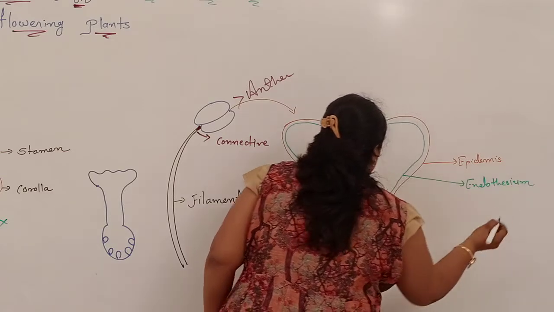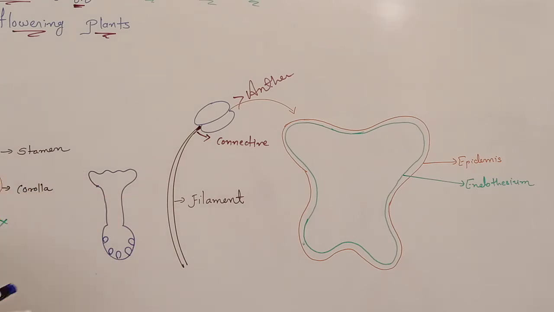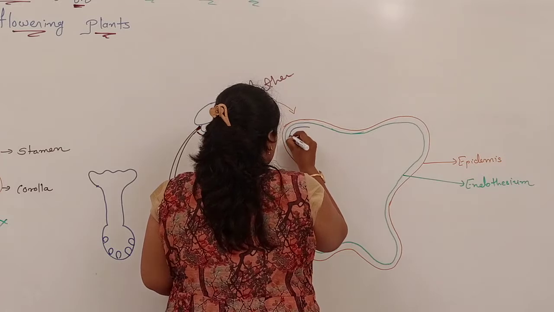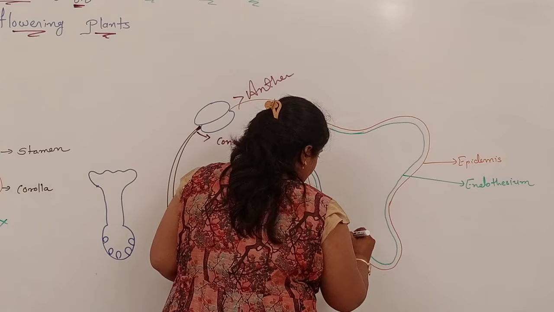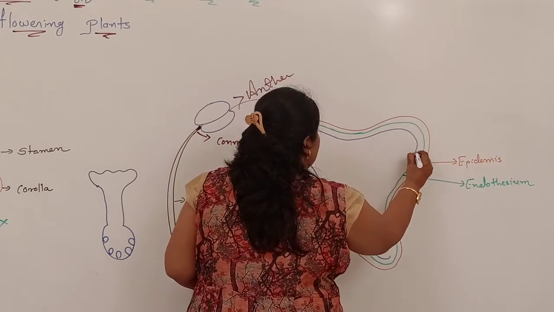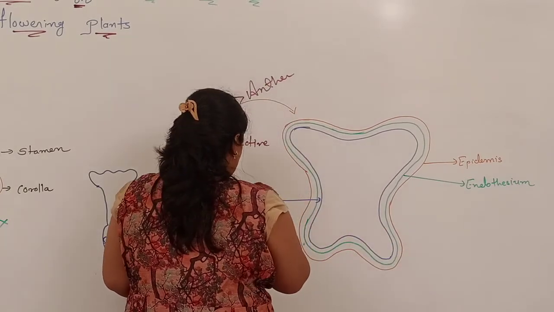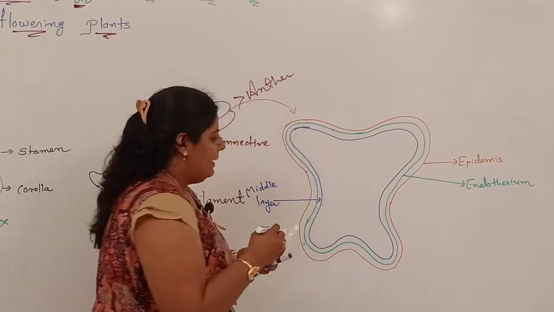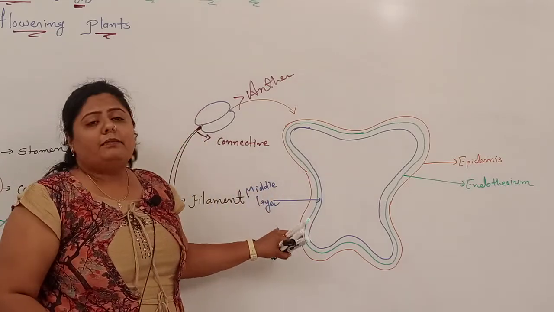Third layer is the middle layer, and fourth layer is the tapetum. So epidermis, endothecium, and the middle layer.